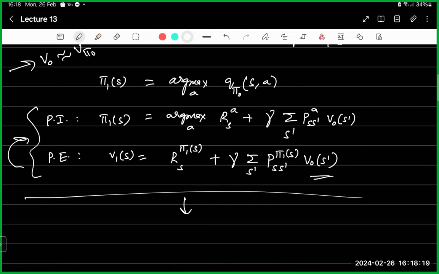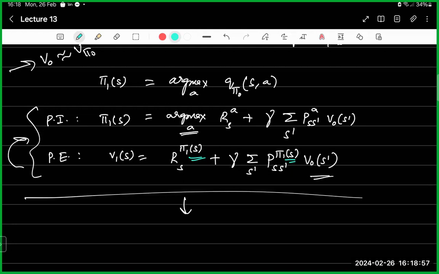If you look at the first expression, here you are just finding argmax over A, and that is giving you pi 1 of S. And after that, the second expression is like just substituting A equal to pi 1 of S, that is, A equal to that argmax, right? That's the only difference between these two equations.